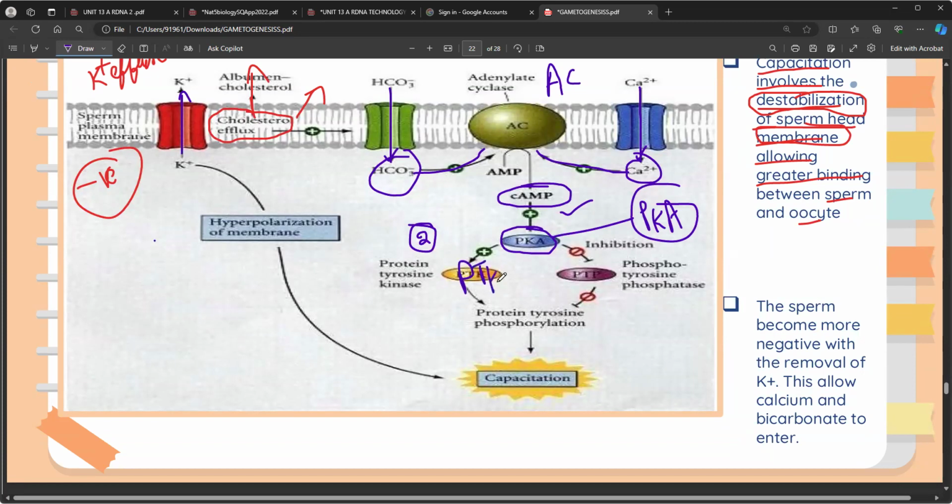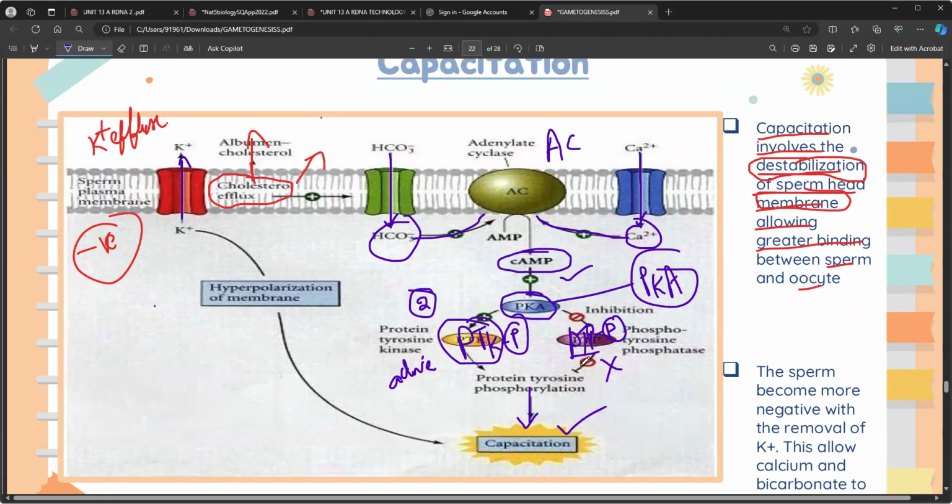It is phosphorylating PTK protein also. It is phosphorylating PTP protein also. But friends, whenever it phosphorylates the PTP protein, protein tyrosine phosphatase, it inhibits it. Whenever PKA adds the phosphate group to the PTK, PTK will become active. So friends, whenever the PTK becomes active, it stimulates the process of capacitation.